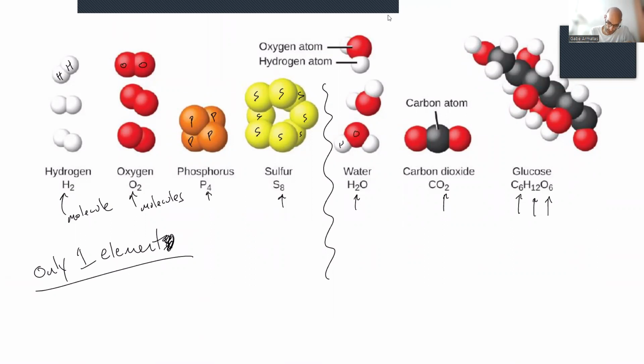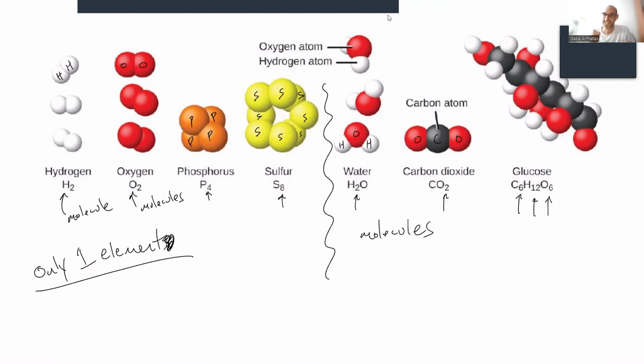So this is oxygen, and I have 2 hydrogens attached. Now we have a combination that is not just one type of atom. Here's the carbon in the center and oxygen on either side. And a more complicated one, the one on the far right, is glucose, C6H12O6. It contains carbon, hydrogen, and oxygen. All of these are considered molecules.